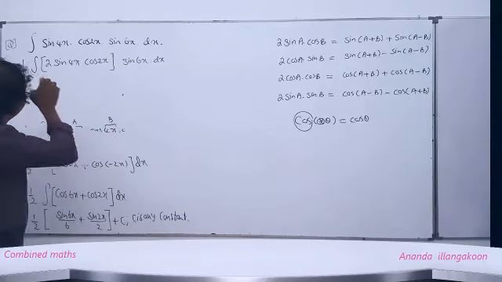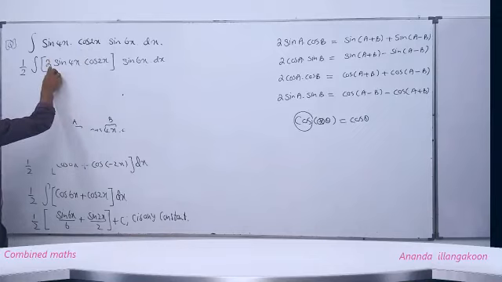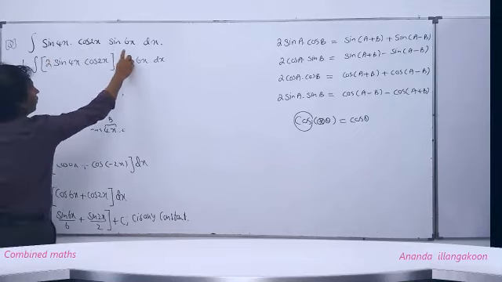Now, we write this way. This sine 4x and cos 2x we take together and multiply by 2 and divide by 2. The sine 6x we keep aside like this.